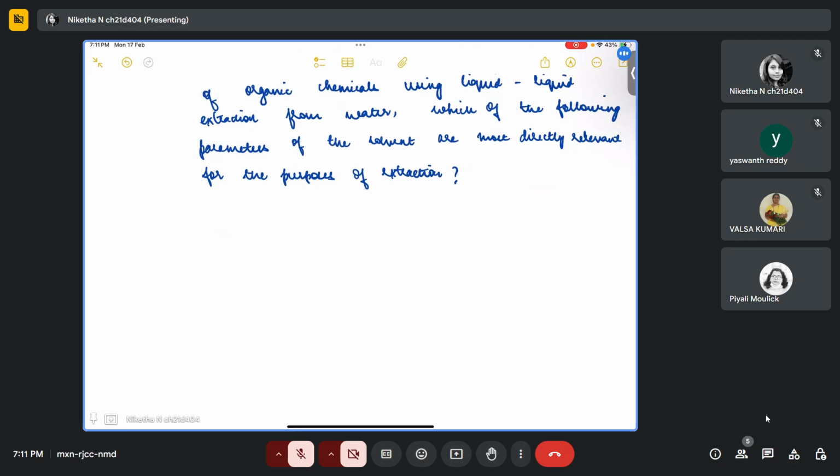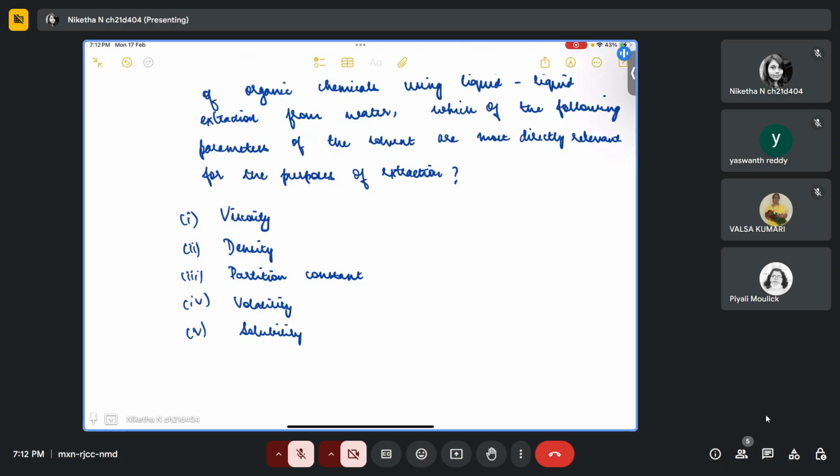So the options are: number one, viscosity; number two is density; three is partition constant; four is volatility; five is solubility.